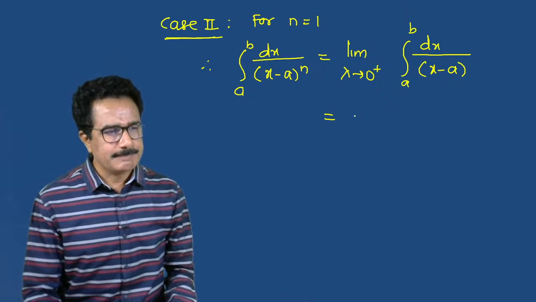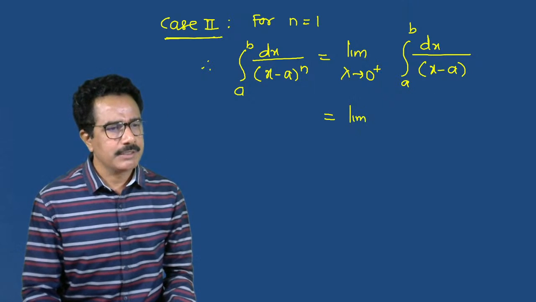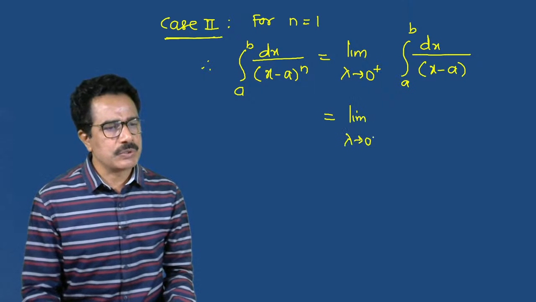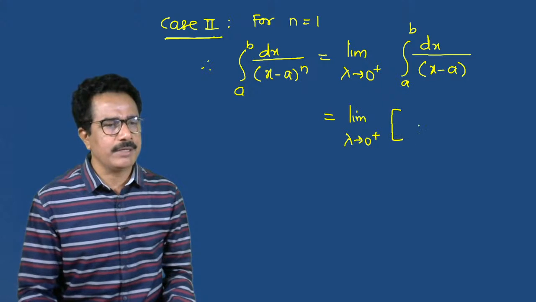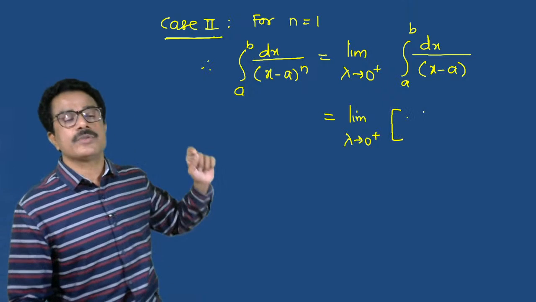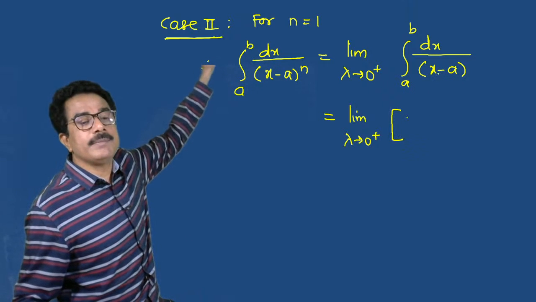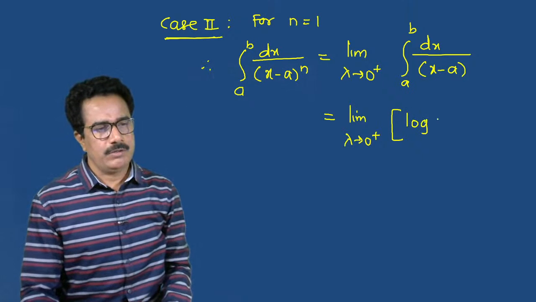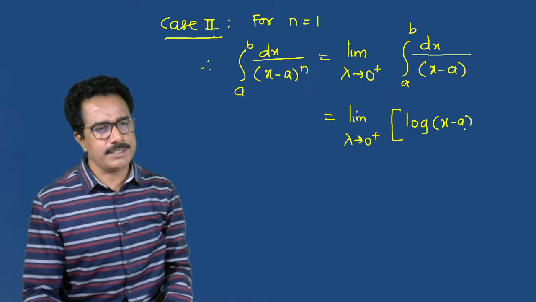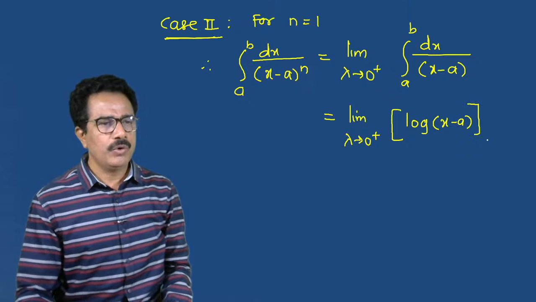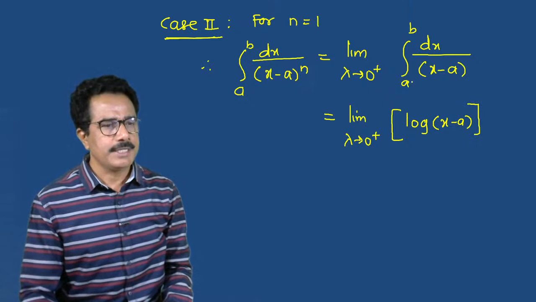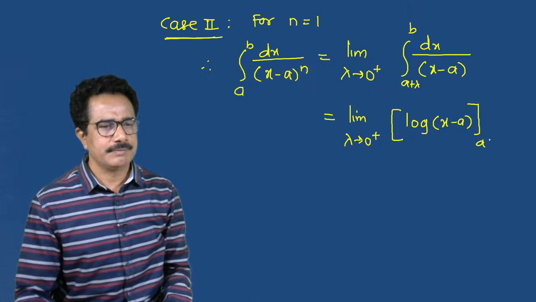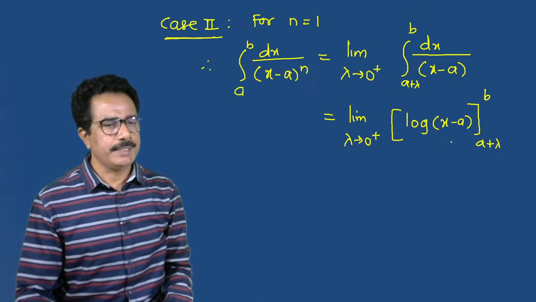Now see here, now you tell me the integration of 1 upon x minus a: log of x minus a over the limit a plus lambda to b.